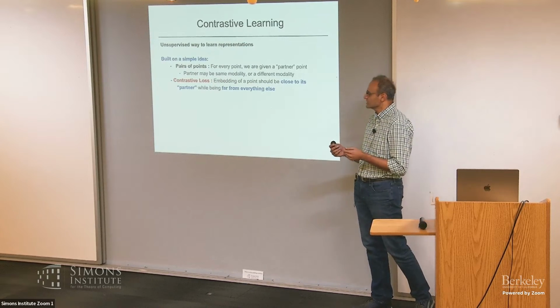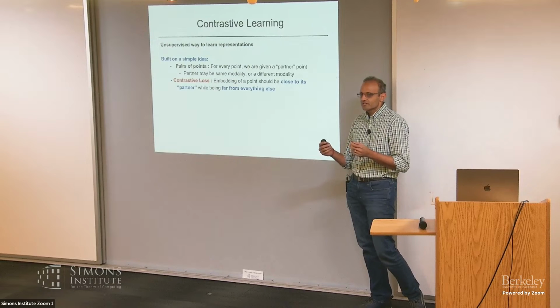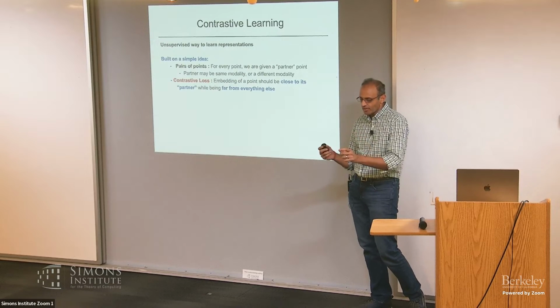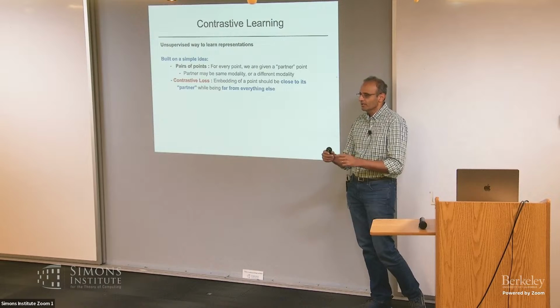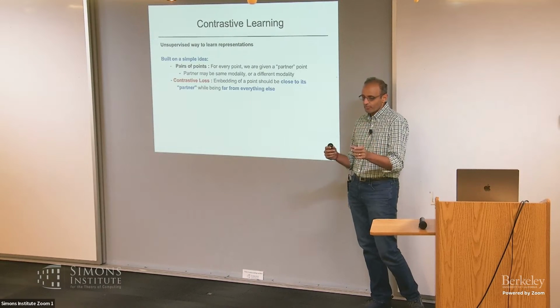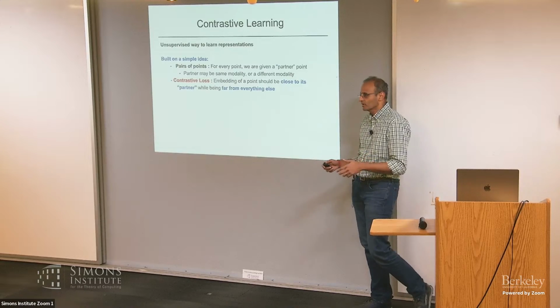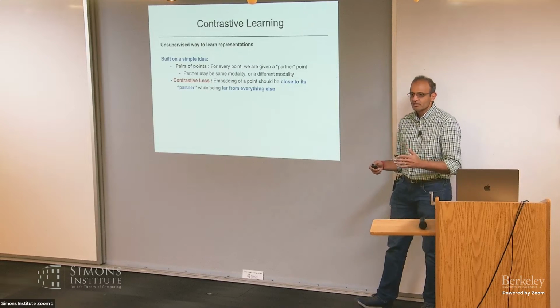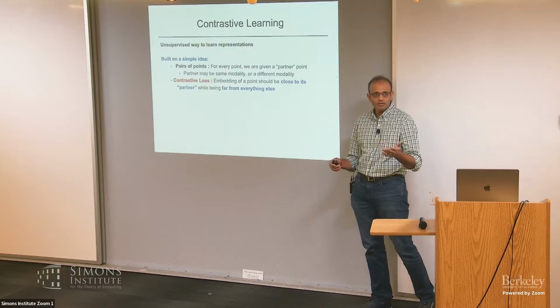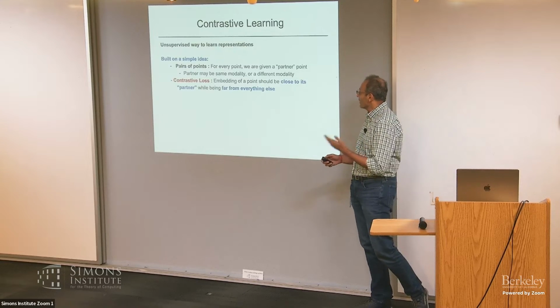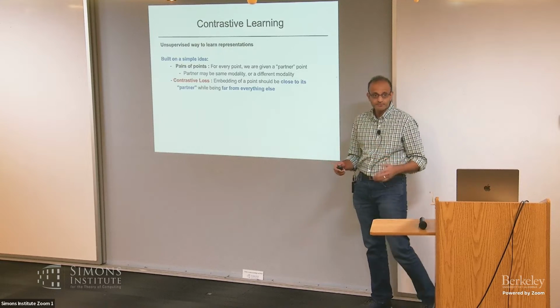The way you do it is you make a loss function which encourages the representation of a point and its partner to be close by, and the representation of a point and a random other point to be far apart. So that's why it's called contrastive. You want to contrast the distance to your partner, and you want to be far from everybody else.